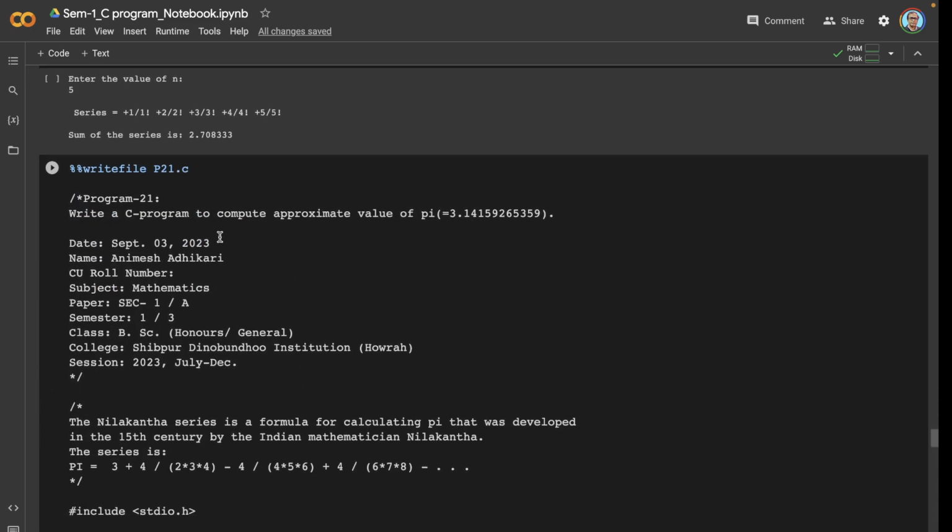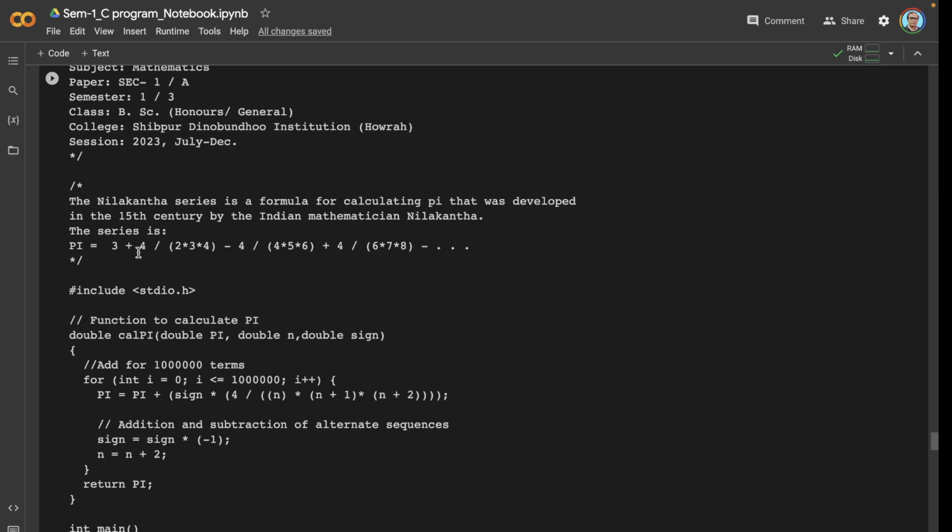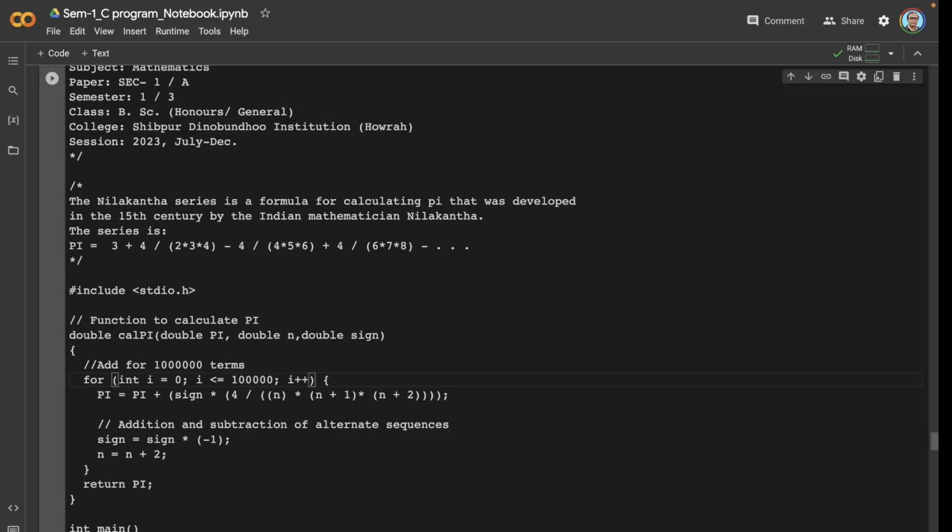Problem 21. C program to compute the approximate value of pi. Here we use the Nilakantha series, and by this series pi equals 3 plus 4 by 2 star 3 star 4, minus 4 by 4 star 5 star 6, plus 4 by 6 star 7 star 8, and so on. For this series we calculate up to 1 lakh, or 10 lakhs; you can use 1 lakh terms for this series.